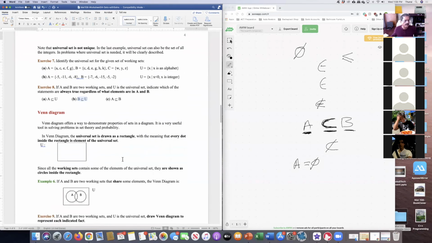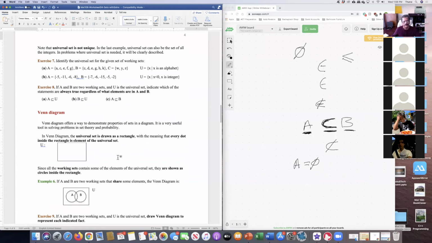Okay, now we are ready for the Venn diagram. The Venn diagram is a tool that makes set theory problems easier to solve. The mathematician who came up with this idea was Venn. Venn is his name, so his name is given to this idea. It's a powerful tool, very useful to solve set theory problems.